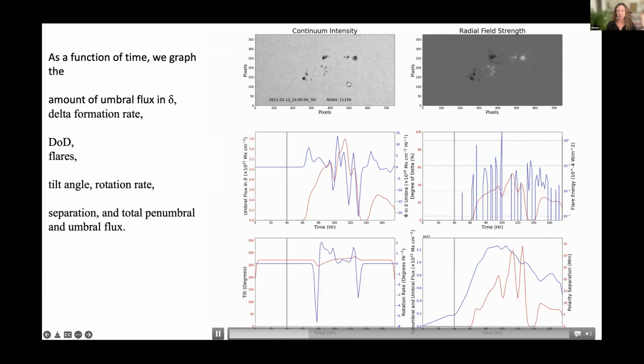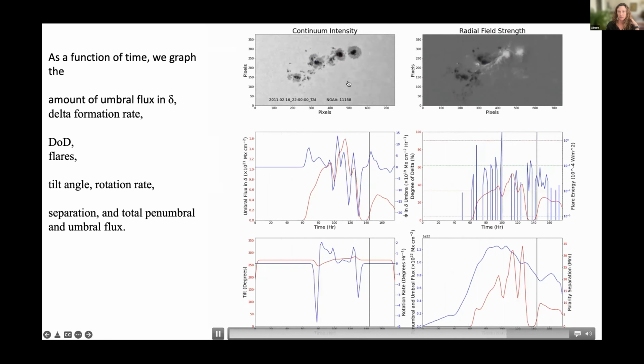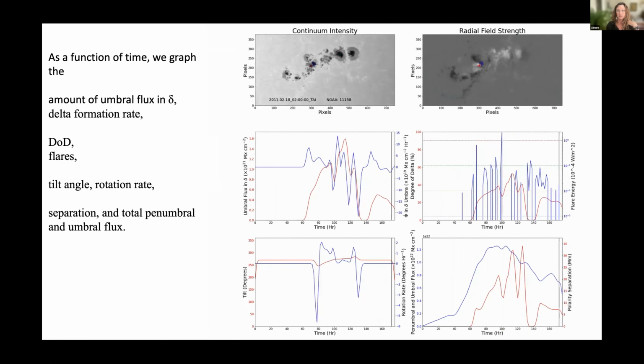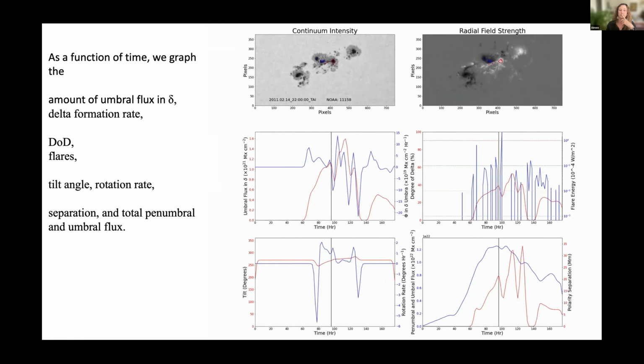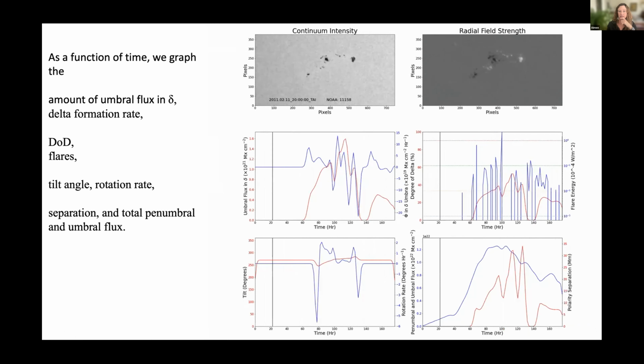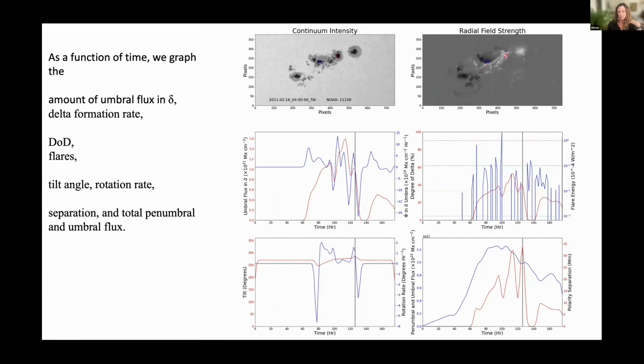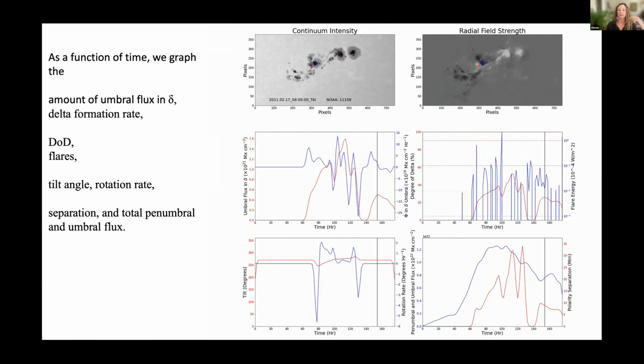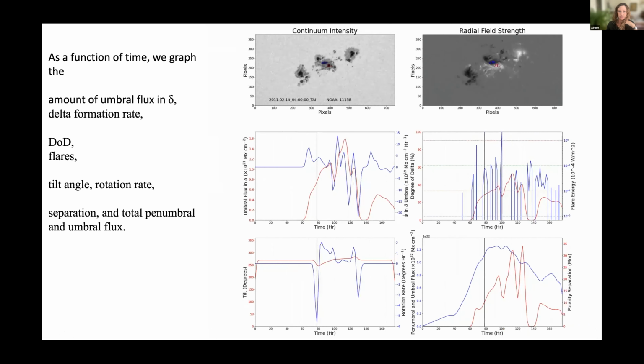The blue and the red contours are the umbra that are participating in the delta configuration, or what's considered delta. And you can see that these look like two bipoles that are emerging at the same time and kind of running into each other.